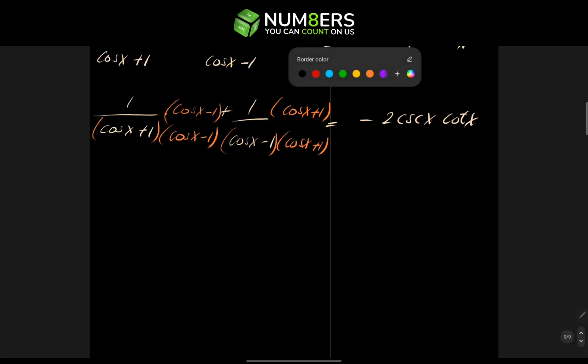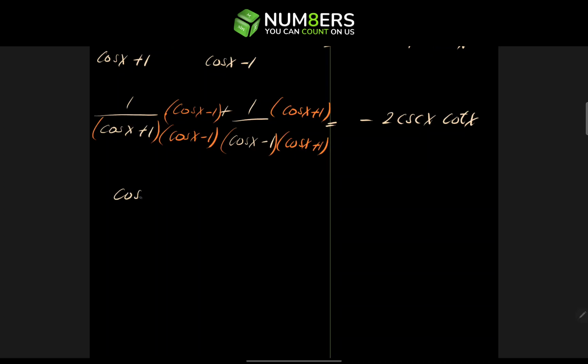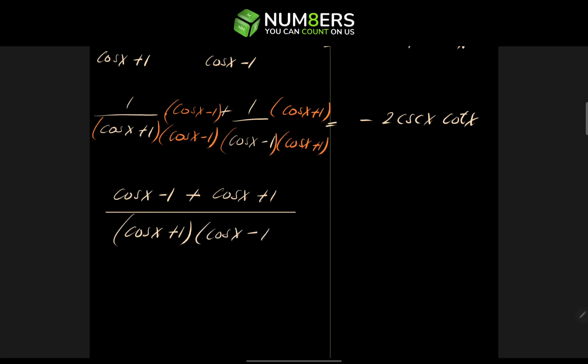So here on the left side, I have cosine of x minus 1 for the numerator, plus 1 times cosine x plus 1. So I write cosine x plus 1 all over cosine of x plus 1 times cosine of x minus 1.